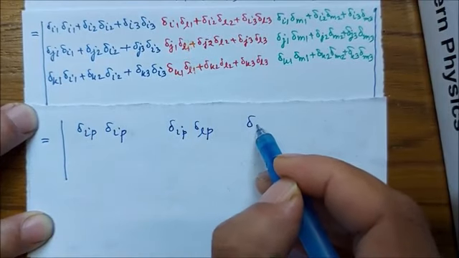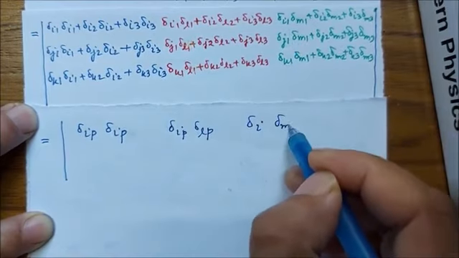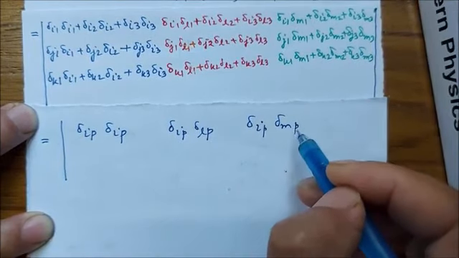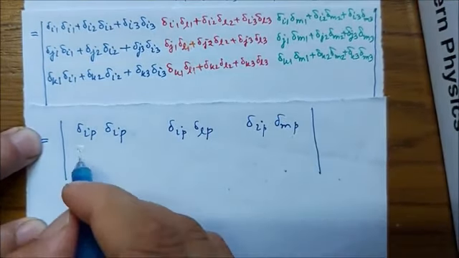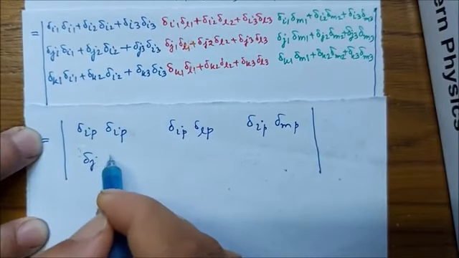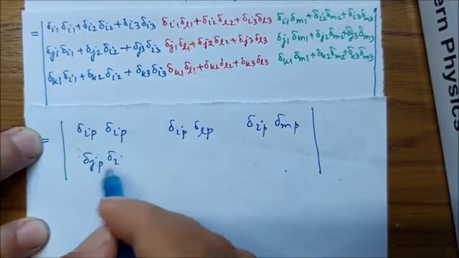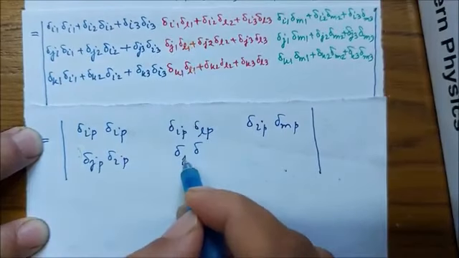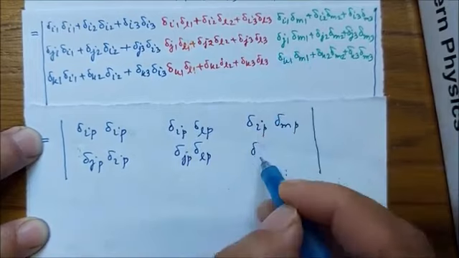The third element is written using delta I, delta M, and the second index is again 1, 2, 3, so we are summing over the second index. So we have got the first row. Now the second row starts with delta J, delta I, and we have to sum over the second index: JL, JM.